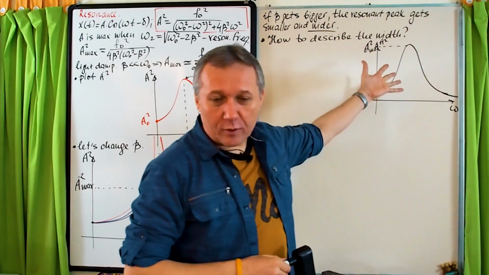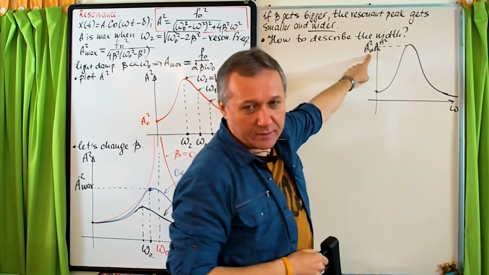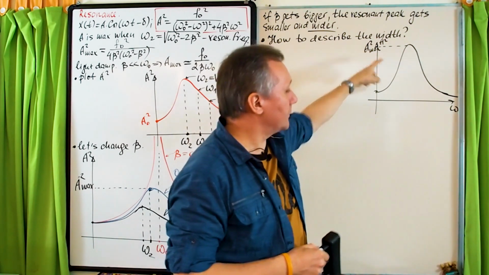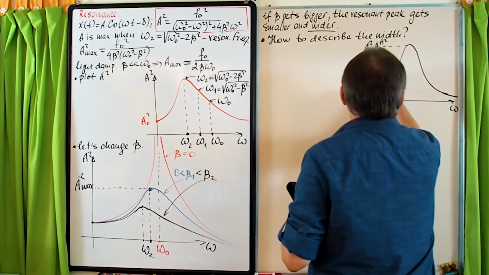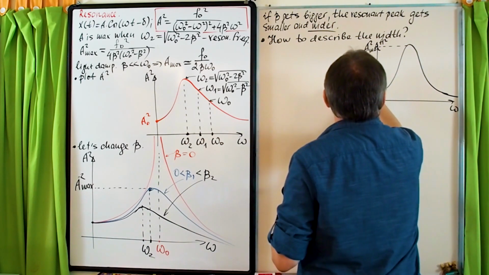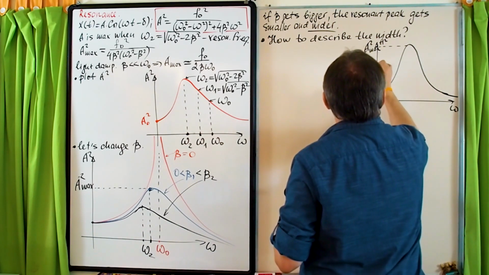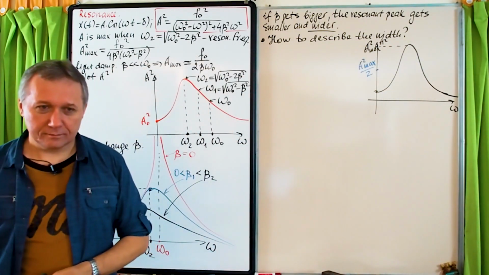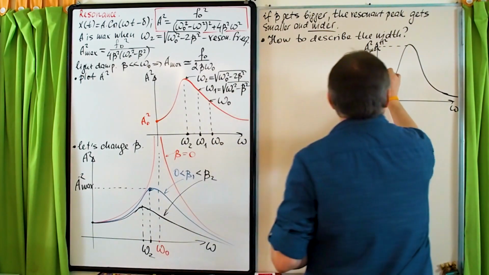So how do we measure? A max squared. Take half of that. Find half of that. It will be somewhere over here. So let's say A squared maximum over 2. Draw the horizontal line.